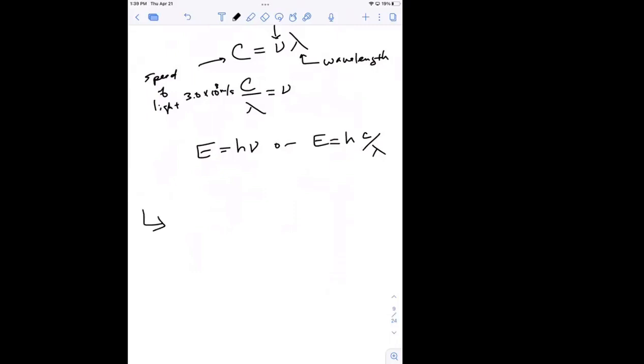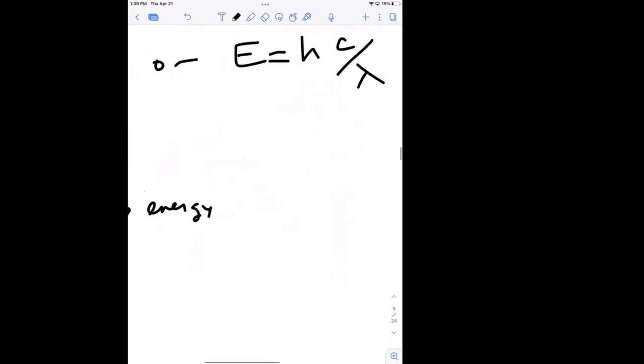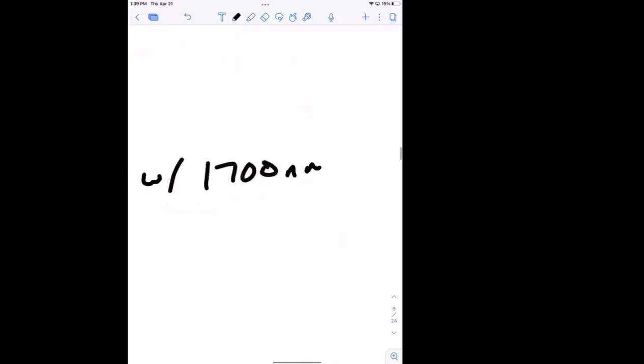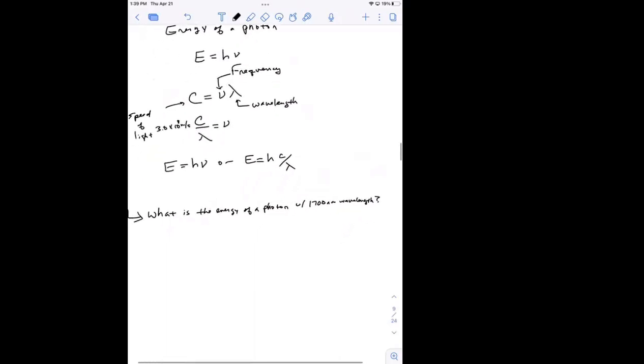Let's find out the energy of a photon that has a wavelength of 1700 nanometers. Right, 1700 nanometers. So let's figure that out.